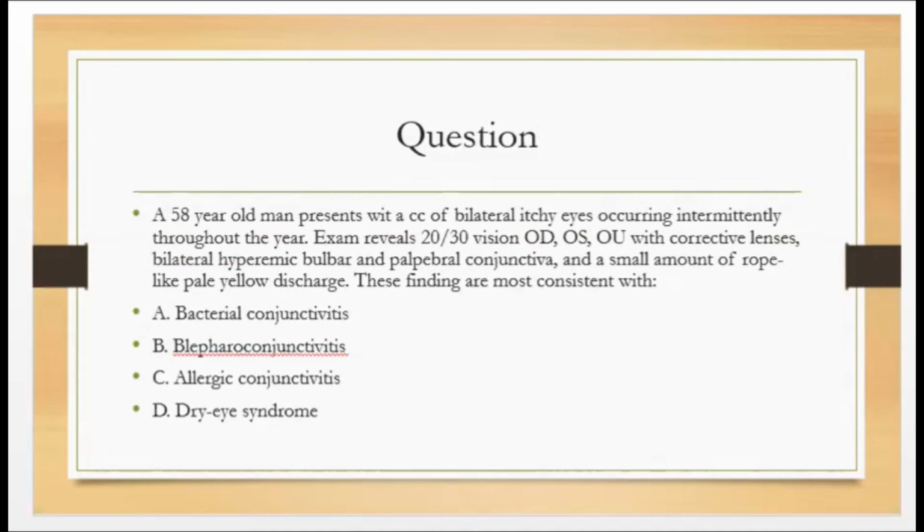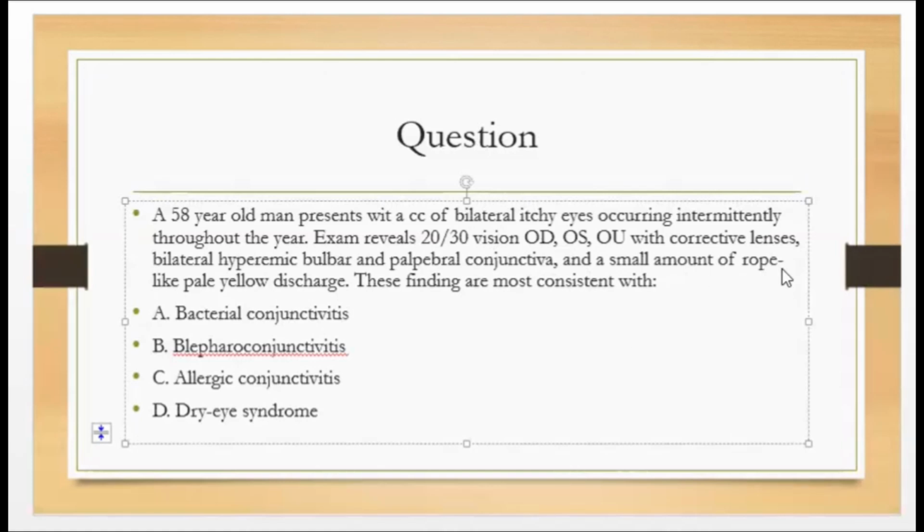A 58-year-old man presents with complaints of bilateral itchy eyes occurring intermittently. If you look at this question, I know we have answered it before, so we don't have to spend time on that.